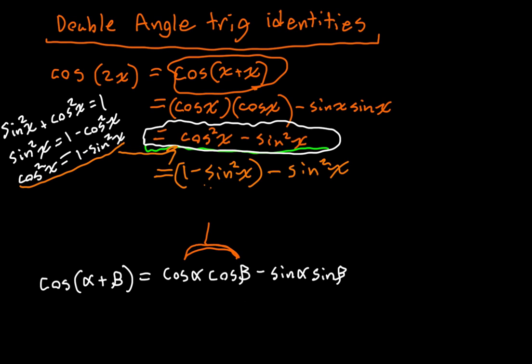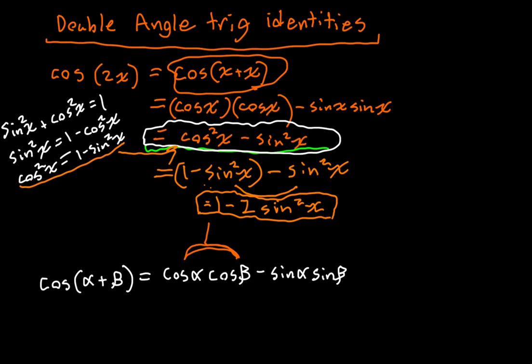All right, that's the same as 1 minus sine squared of x, and then minus sine squared of x again, so that's the same as 1 minus 2 sine squared of x. And that will be one form of our identity, besides cosine squared of x minus sine squared of x.